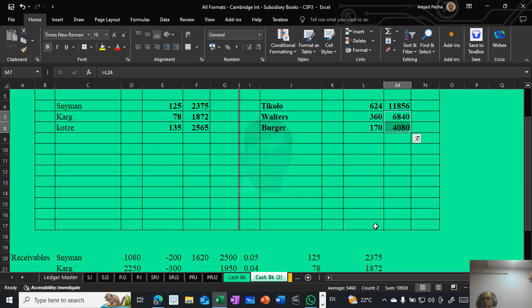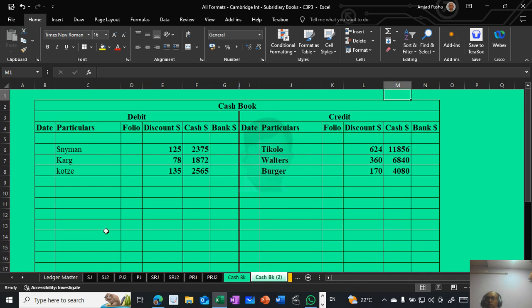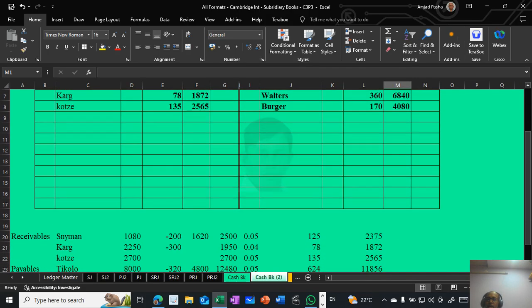So this is how the cash book will look like. The amounts we have received from accounts receivable, the discount we have allowed, the cash we have received, the discount we have received, the cash we have paid. So this is what is cash book, and cash book will look like this. So this we have to record, and that is also done.